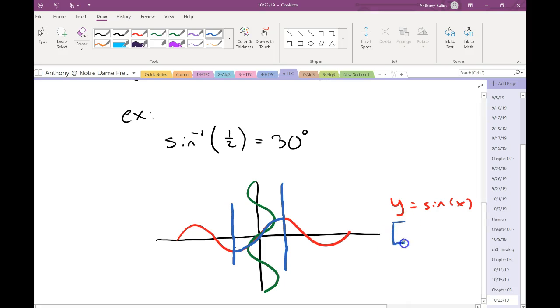So we're going to restrict the domain of sine to be negative pi over 2 to positive pi over 2. When we do that, the range for sine still is negative 1 to positive 1.